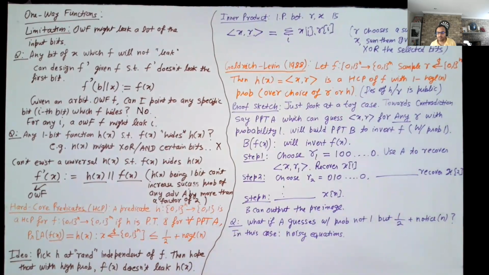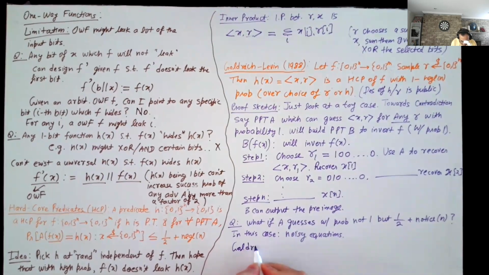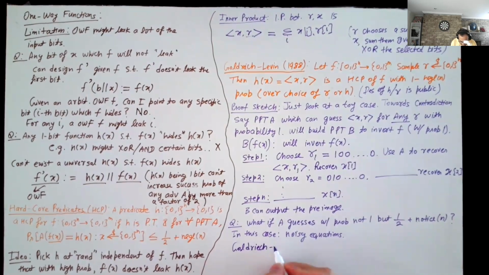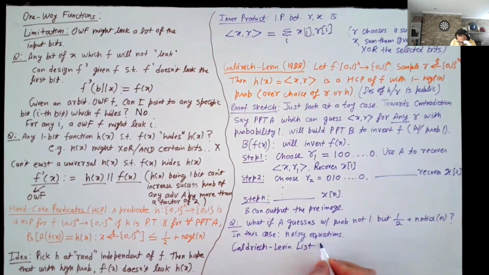Maybe more than half of them are correct, but many of them will be wrong because the guess of A can be wrong. And the question is, can you still recover X in this case? And the answer turns out to be yes. And by the way, this is also called Goldreich-Levin list decoding.